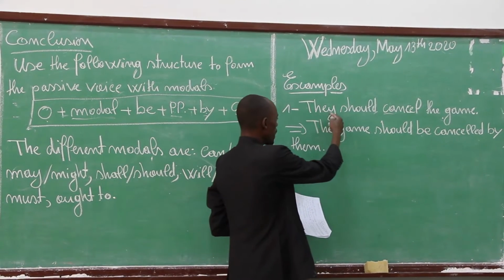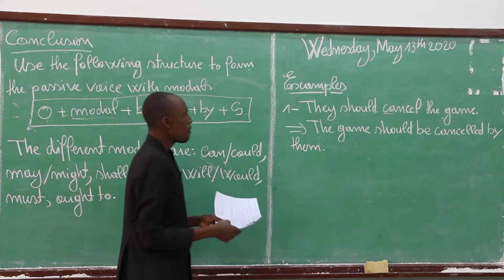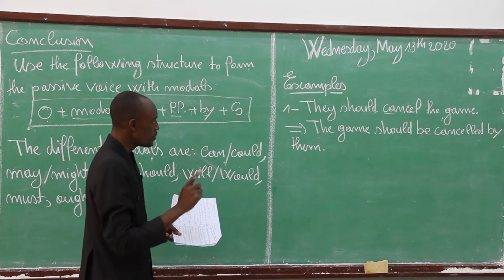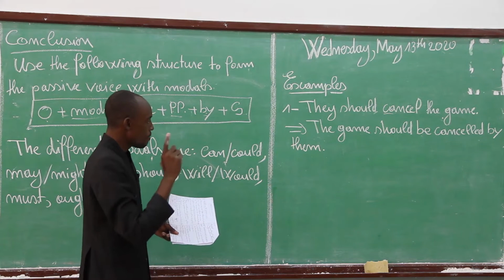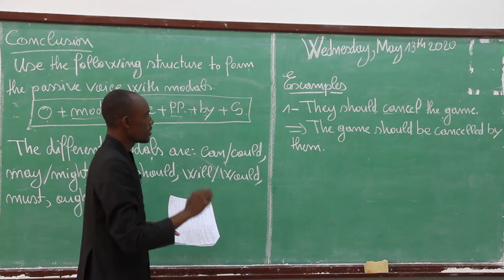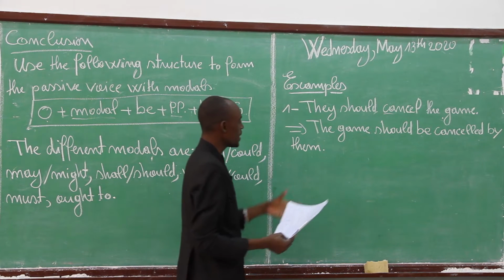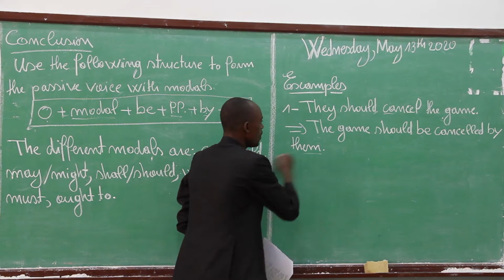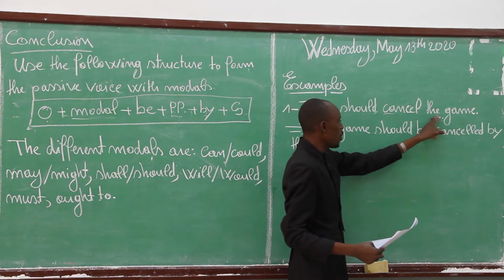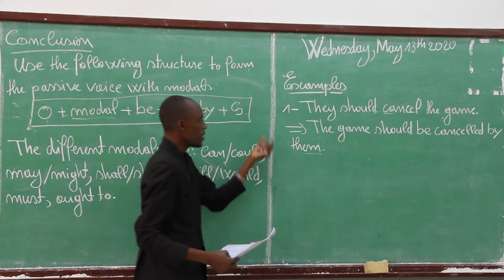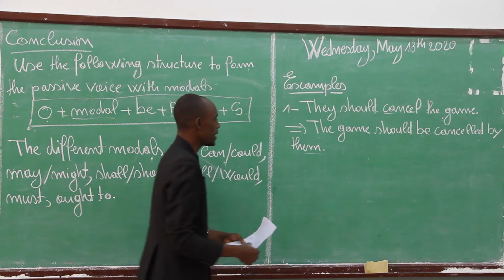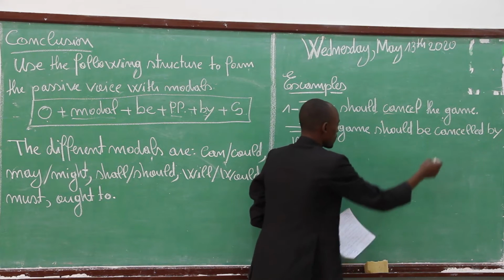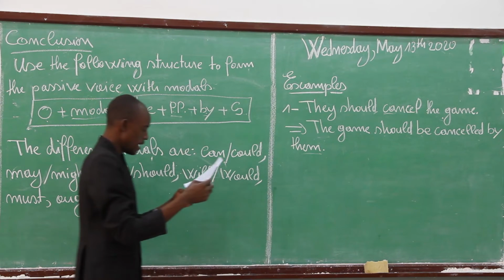The subject of active voice becomes the agent in passive voice. Here we have them. And the object of active voice becomes the subject in passive voice. The game should be cancelled by them.